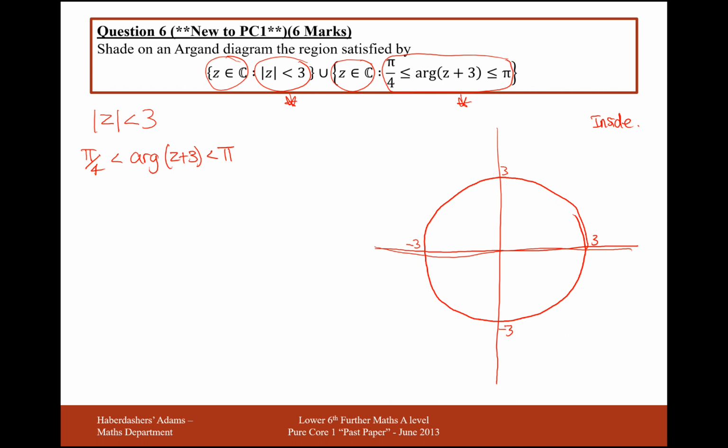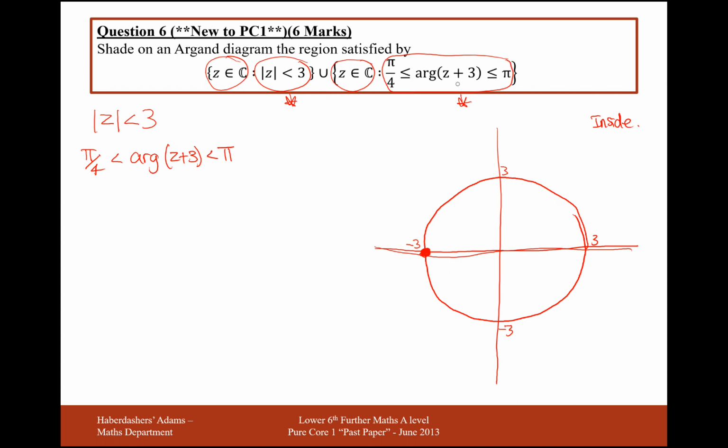The next part of the question looks for me to draw a part of the circle where the argument, once I have translated my complex number, and in this case here, I'm going to be right by 3. Remember, in graph transformations it's always the opposite, so it's going to be left by 3. So my complex number is going to be starting at minus 3.